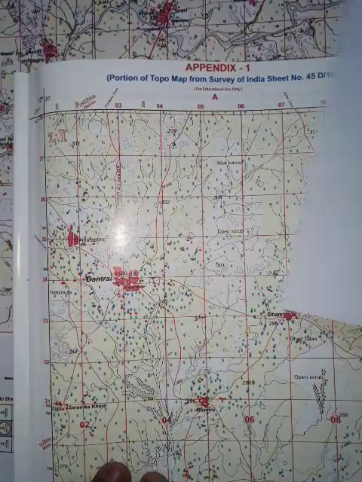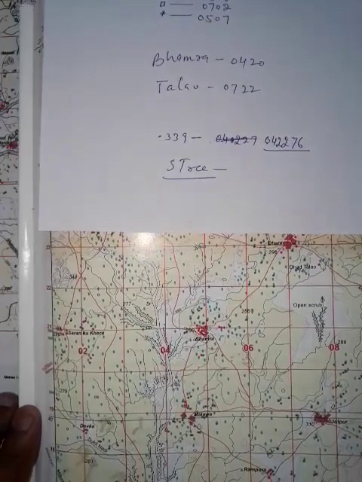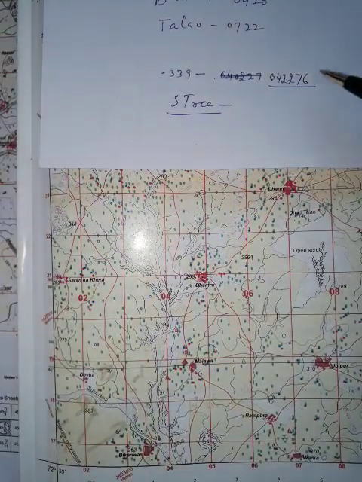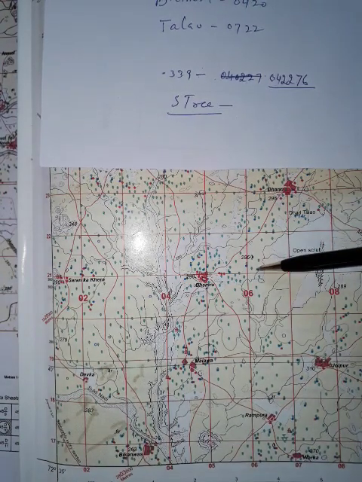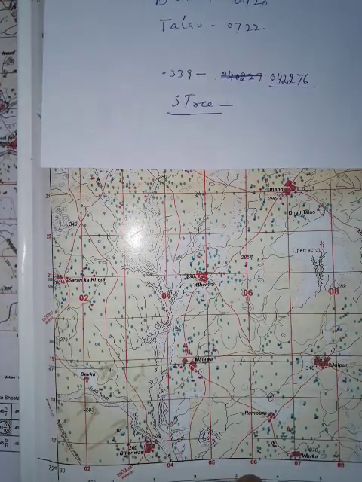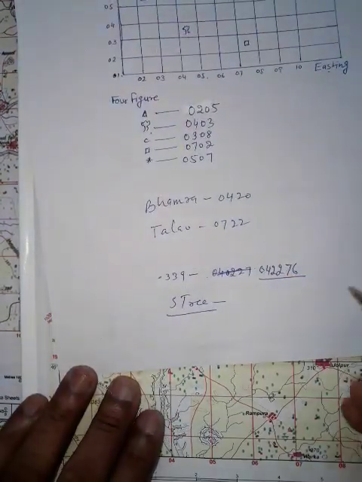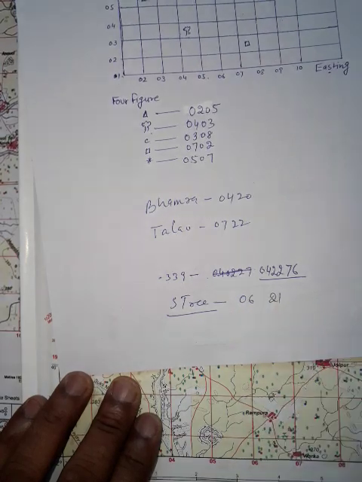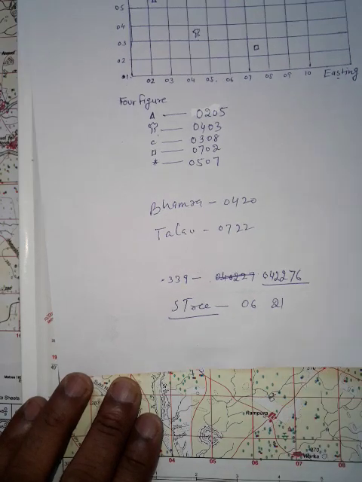We will find out what the 4-figure grid reference of this surveyed tree is. The line which is left is 06 and the line which is down is 21. We will write down 06 and 21, leaving some space in between these two.